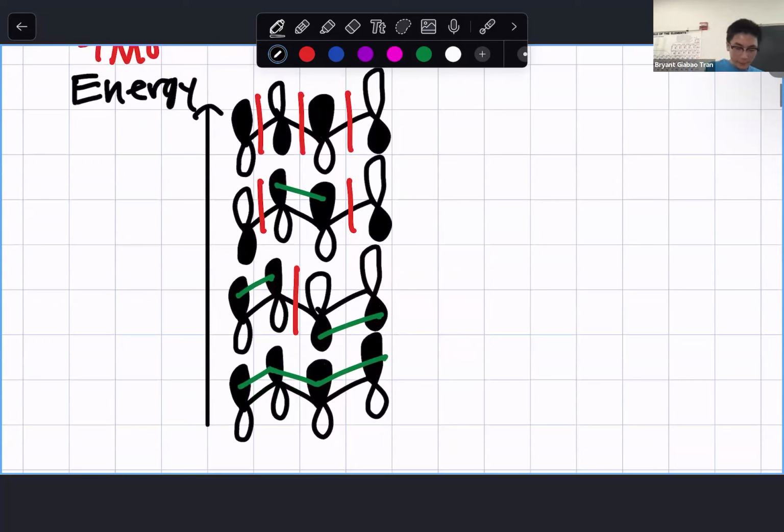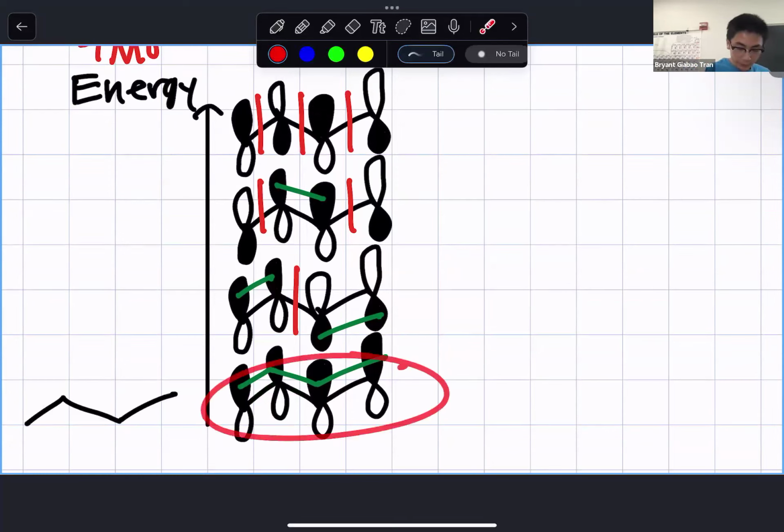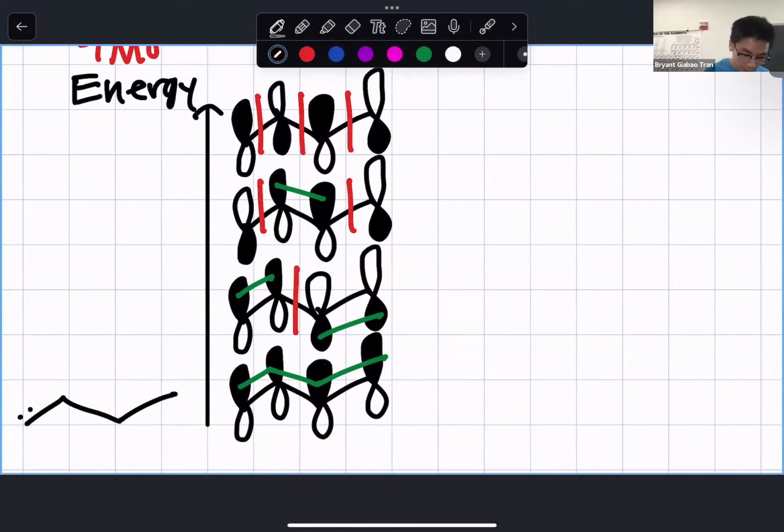So a way to think about this is, let's say that we have that 1,3-butadiene like that. We know that in the lowest energy molecular orbital, all of the electrons are flowing. So this is the hybrid resonance form of that structure right there, where we see that all of the electrons are flowing throughout the whole molecule like that, right?